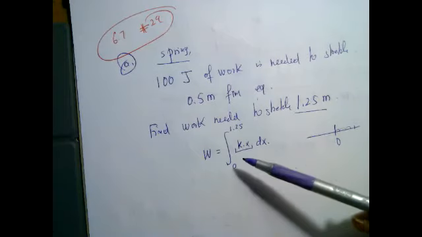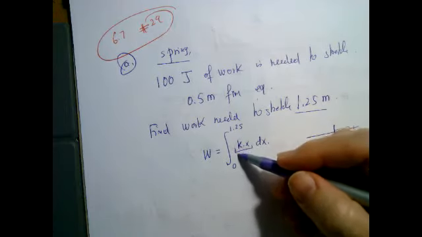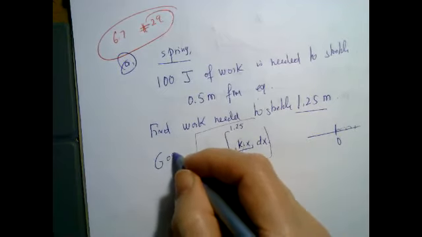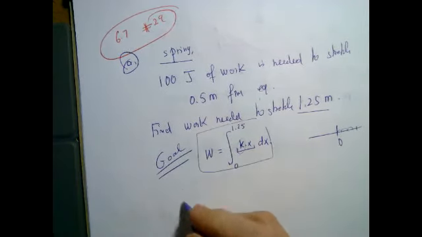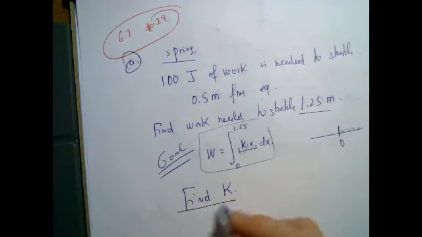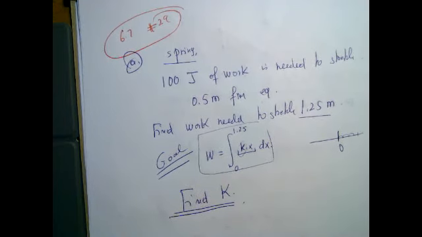To answer the question, I need a formula for the force, which means I need to find k. That's my goal. Usually the problem has information in it to find k. So did they give us any information to find k?